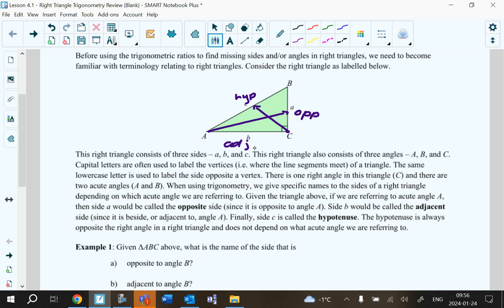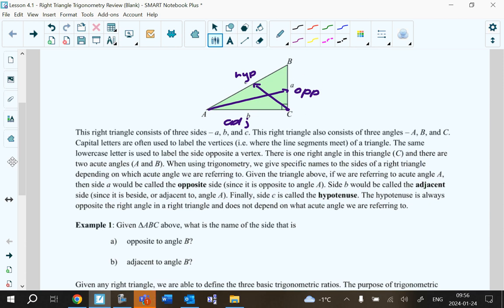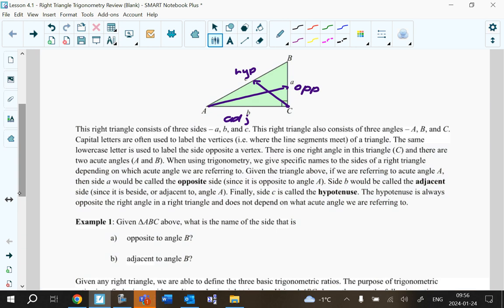So, given this triangle above, or given this triangle here, what is the side opposite angle B? What's it called? Notice we use capital letters to talk about angles, and we use lowercase letters to talk about sides.